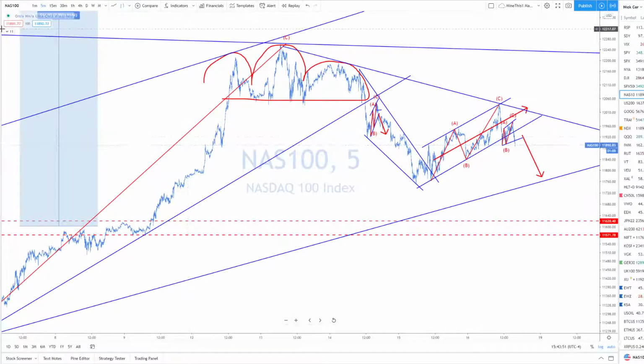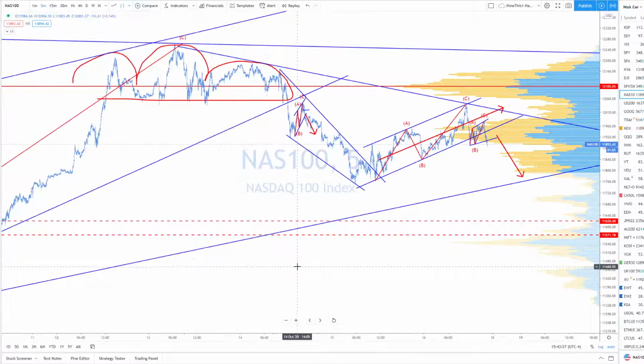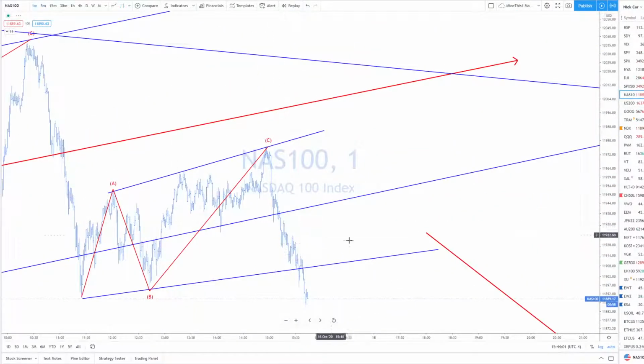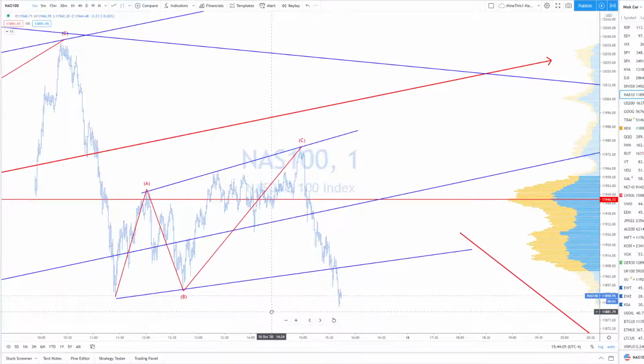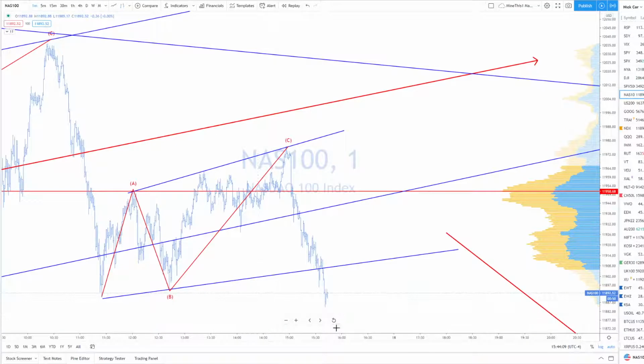Let's take a look at the volume for today. Where's 9:30? There it is. 9:30. All right. So the point of control is at 11,950.